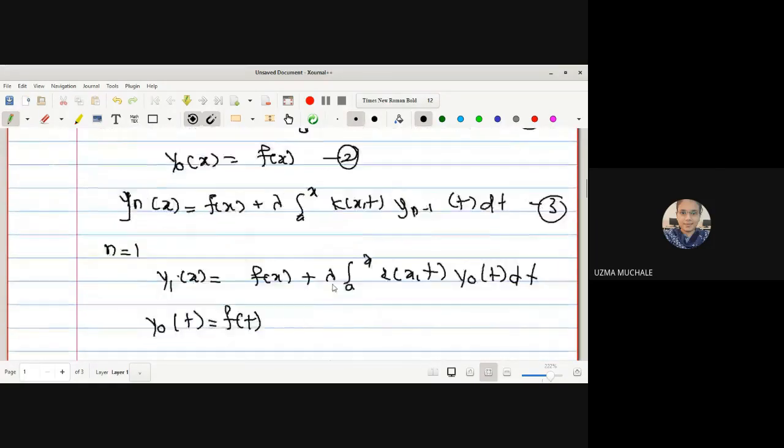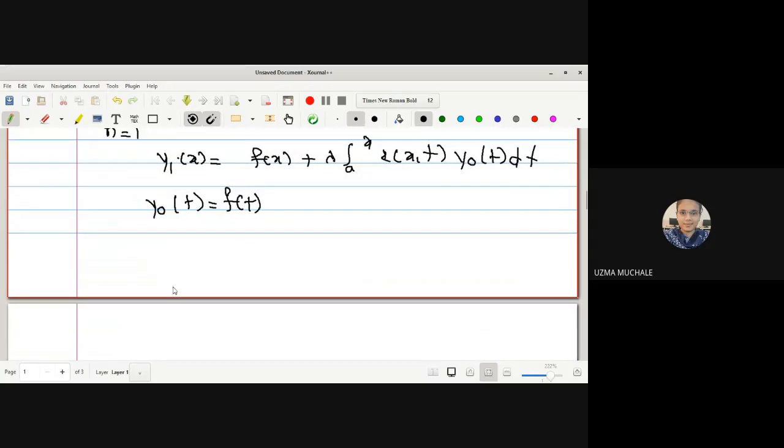So hence we can write y1 of x is equal to f of x plus lambda integration a to x, k of xt, f of t dt. This is equation 4.